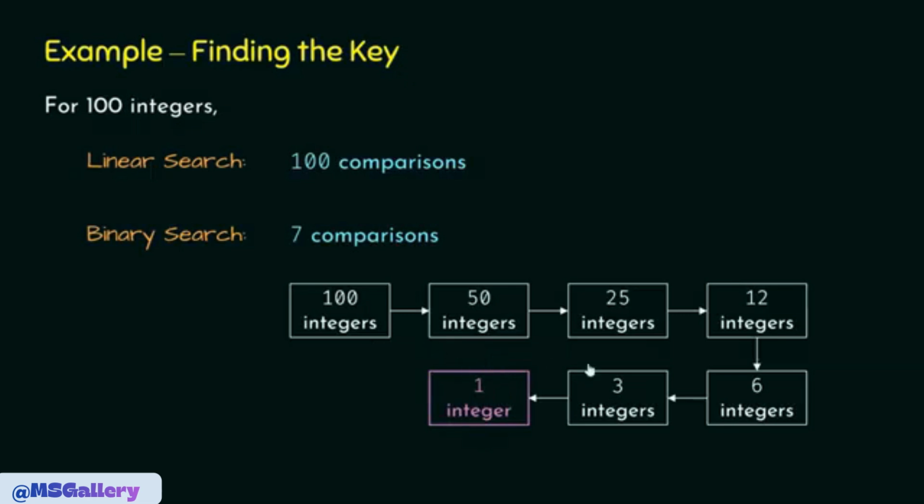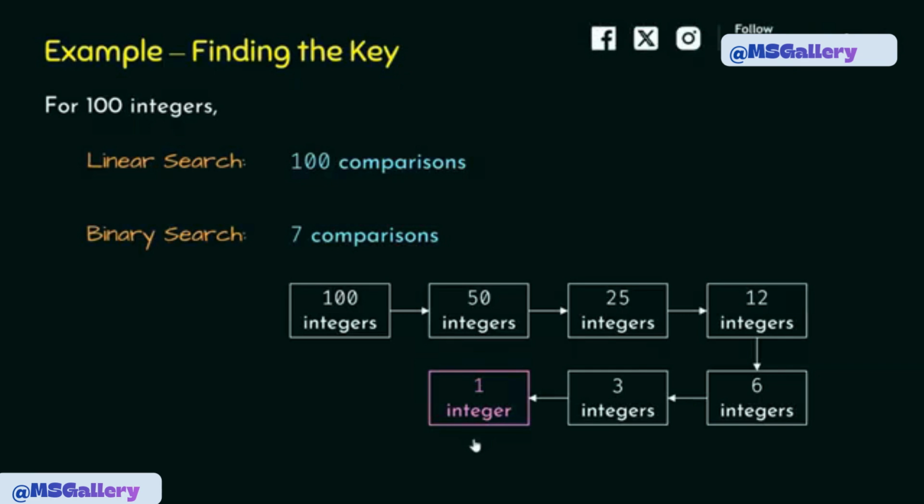A total of 7 comparisons are needed to come to the conclusion that the key is available in the list. Eventually, we will end up with 1 integer, and that integer will be the item that we are looking for. As mentioned, we were assuming that the key is available at the end of the list. So, the integer that we will get at the end will be the item that we were looking for.